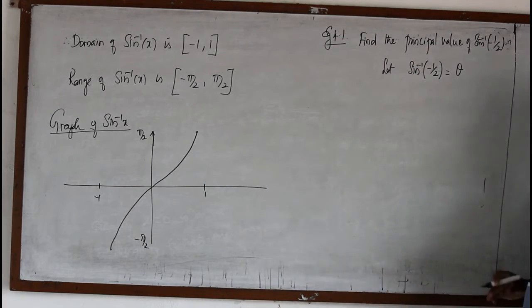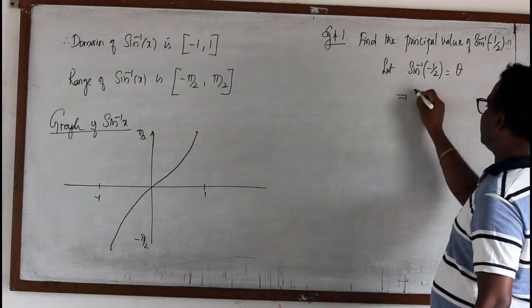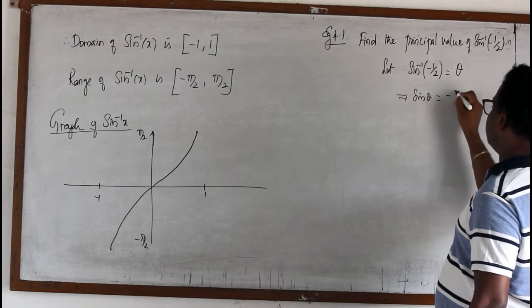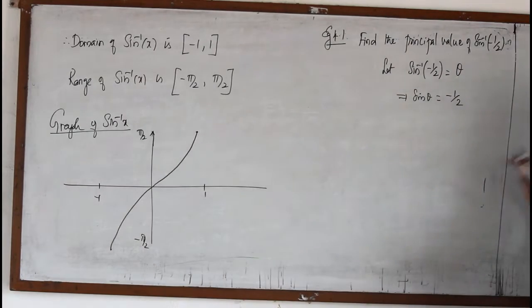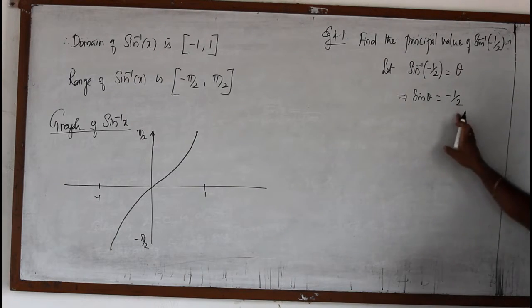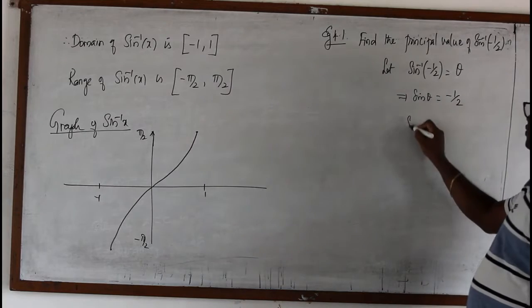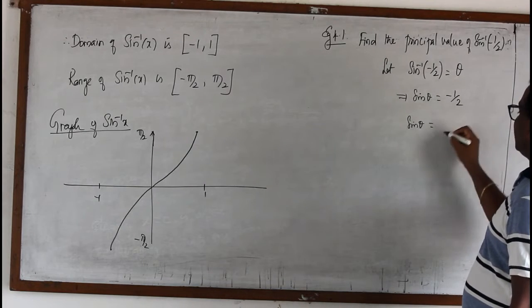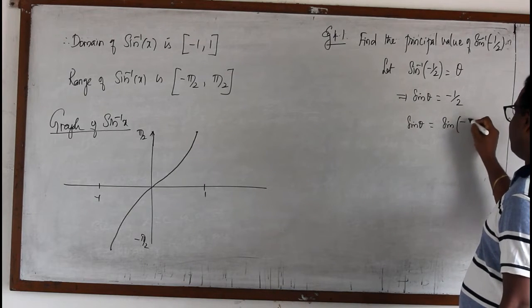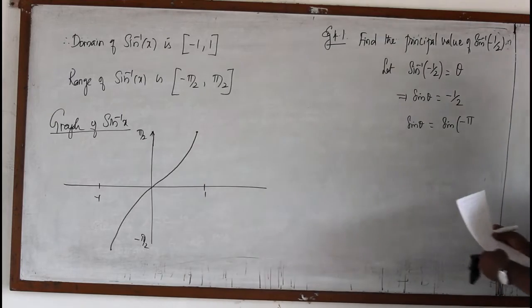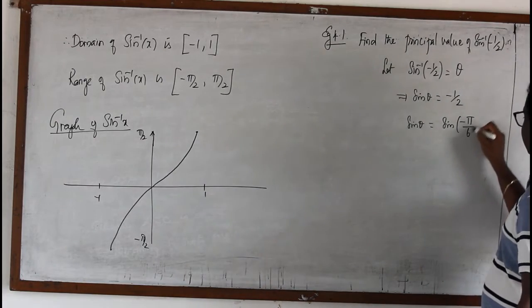Then sine theta is minus 1 by 2. Sine theta is 1 by 2 at 30 degree. Therefore, sine theta will be minus 1 by 2 at minus 30, that is minus pi by 6.